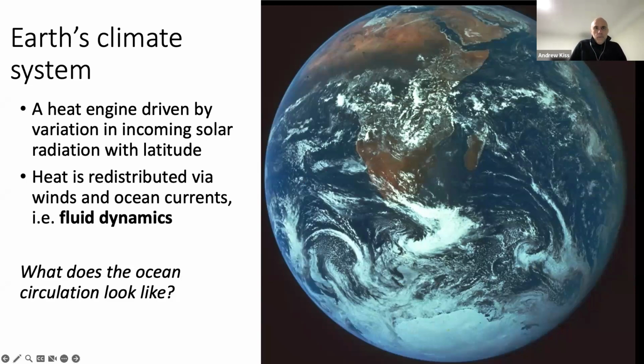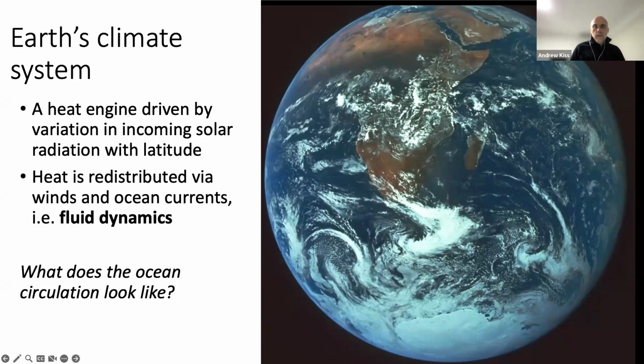So we usually think about the oceans, or we often do, in terms of their role in the climate system. The Earth's climate system can be described as a heat engine. It's driven by variations in the incoming solar radiation with latitude. So more sunlight comes in near the equator, less at the poles.